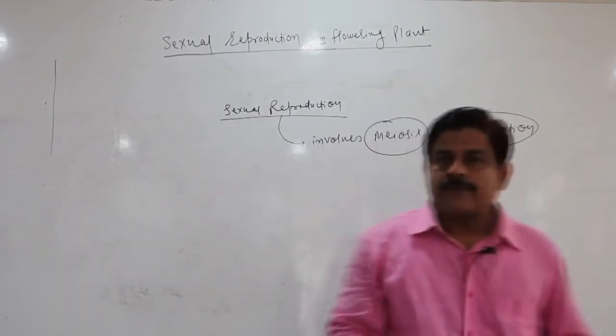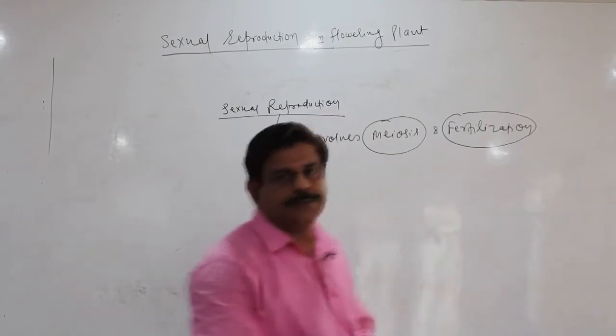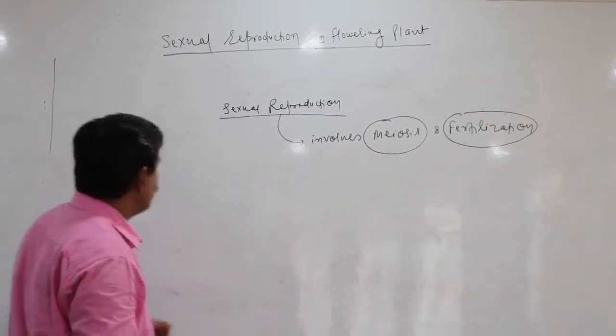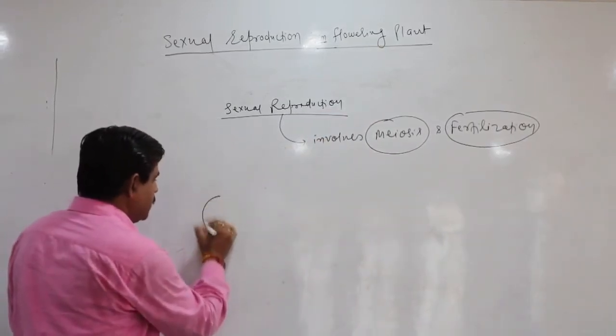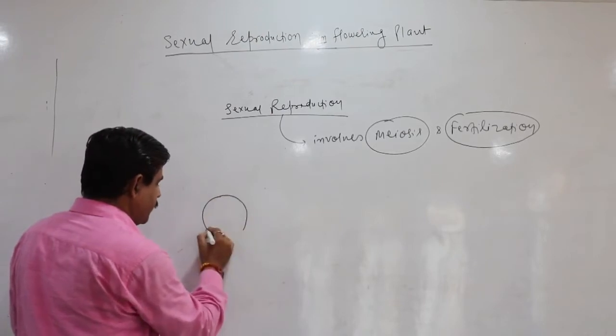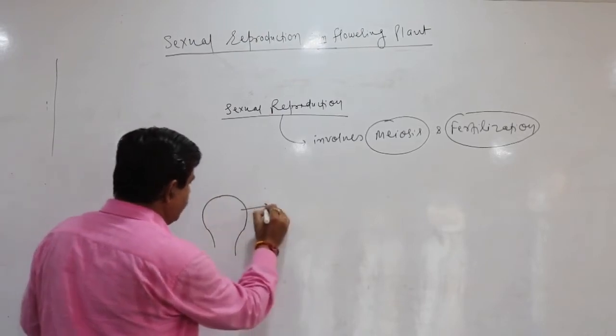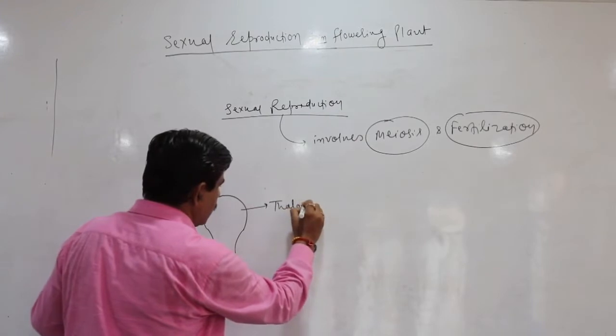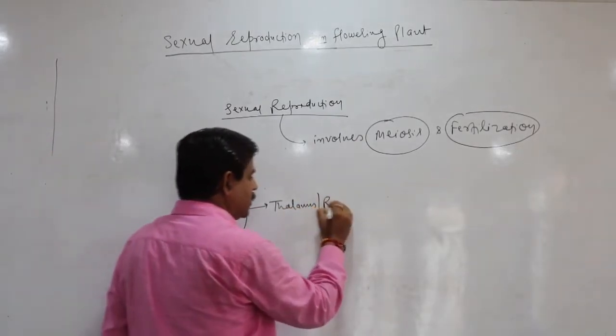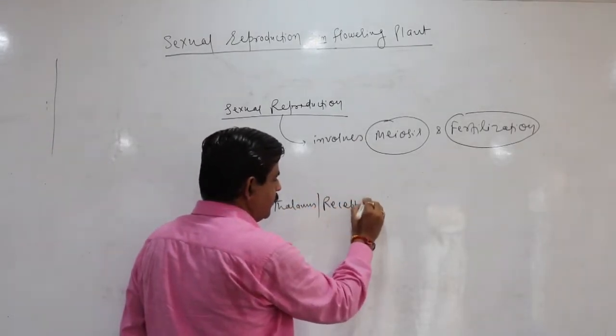We all know the various parts of the flower. This is the thalamus or receptacle.